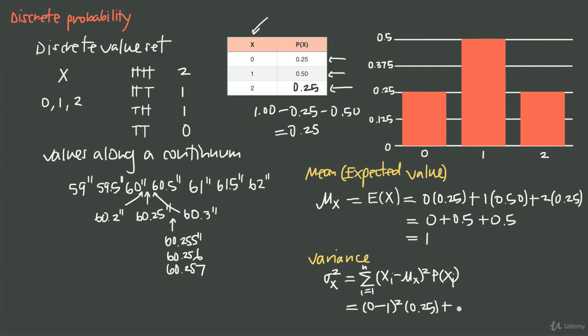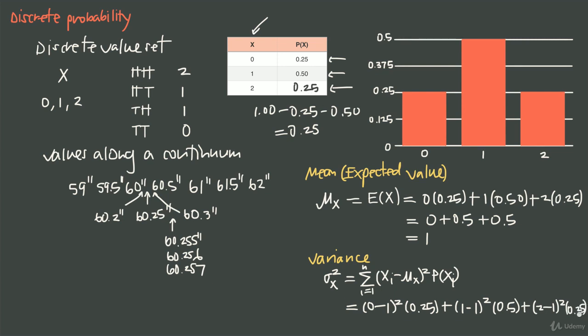So then we add to that the next value. X can take on the value of 1. So we say 1 minus the mean, we square that, and then the probability that x will be 1 is 0.5. So we say 0.5. And then add to that the last value. X can take on the value of 2. So we say 2 minus the mean squared multiplied by the probability of 0.25.